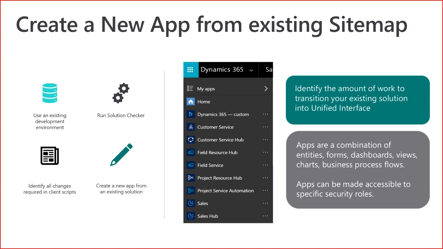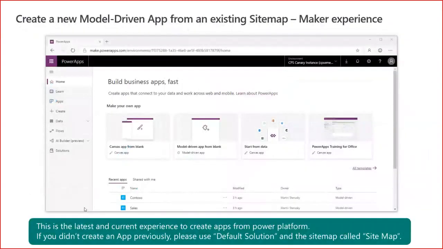The first step we need to do is create a new app from an existing sitemap. Again, there are multiple ways to create a new app, but we are showing you the latest one. So you can use our Maker Experience portal.